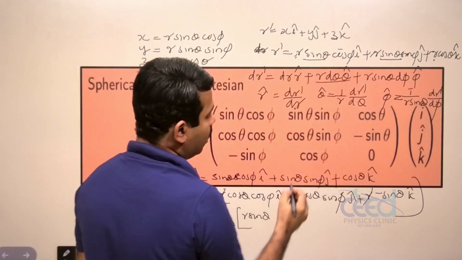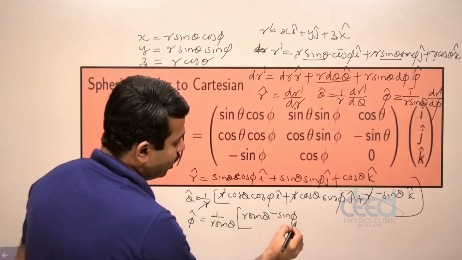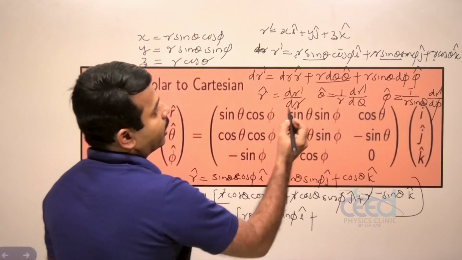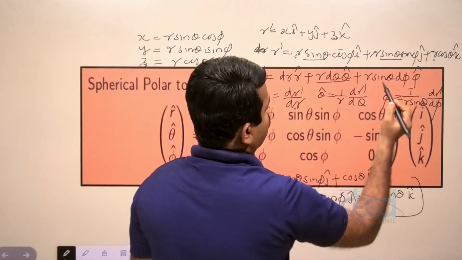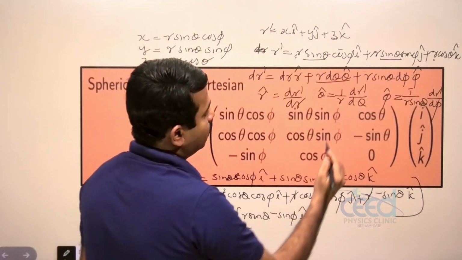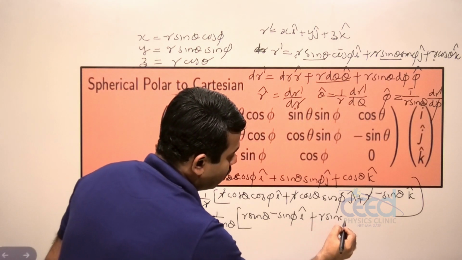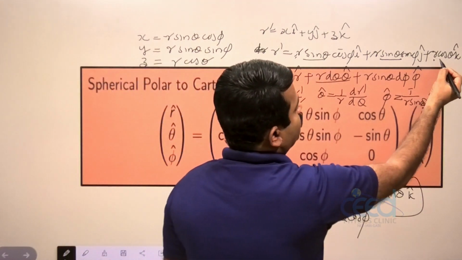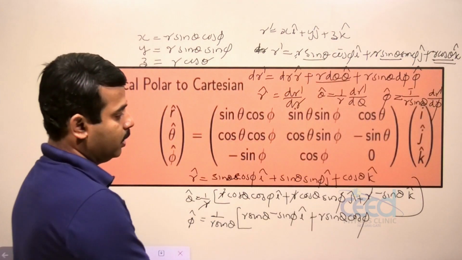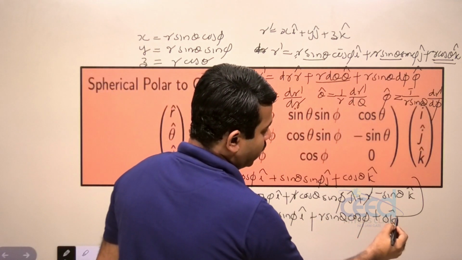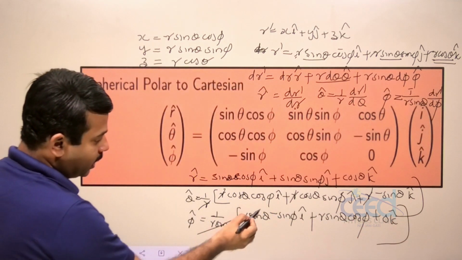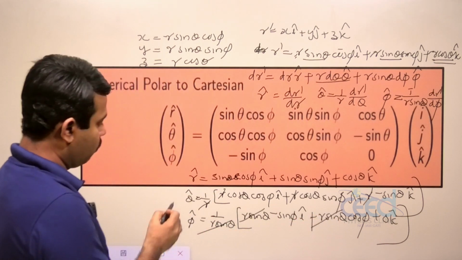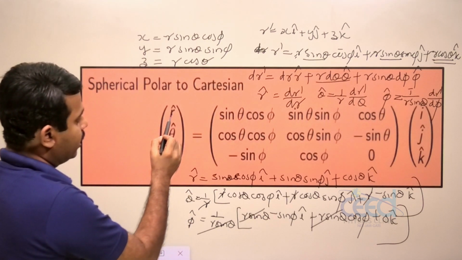So this gives minus sin phi i cap, plus, here sin phi becomes cos phi, r sin theta cos phi j cap. With respect to phi there is no phi variable in the k term, so this part will be 0 k cap. Now this r sin theta cancels.